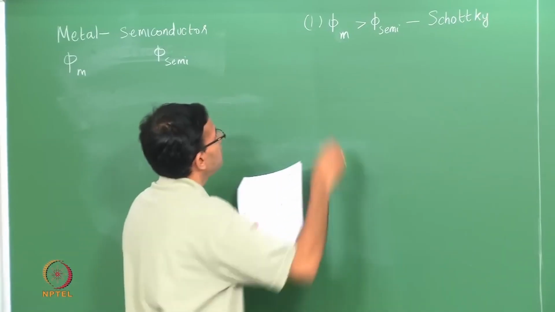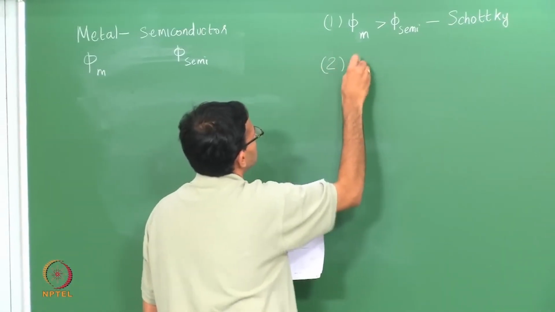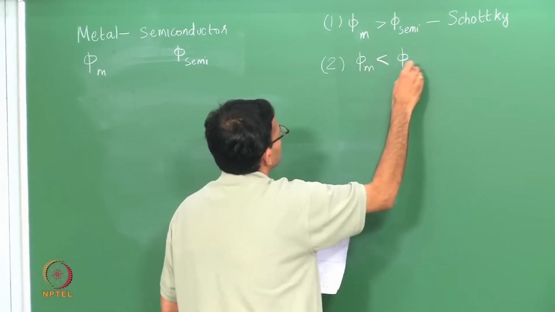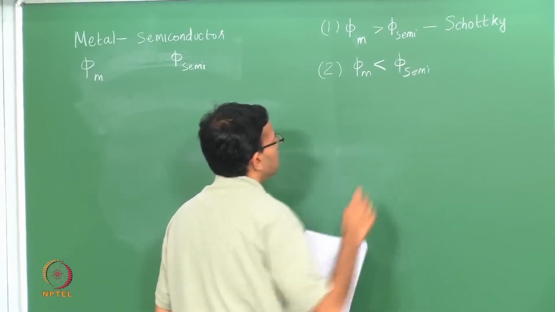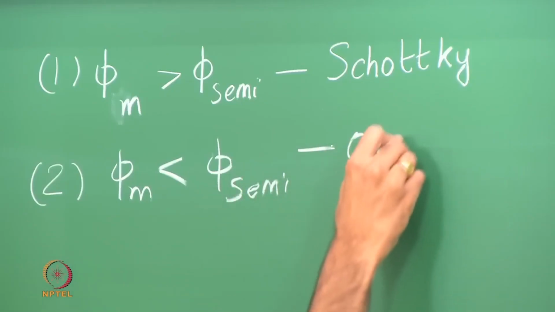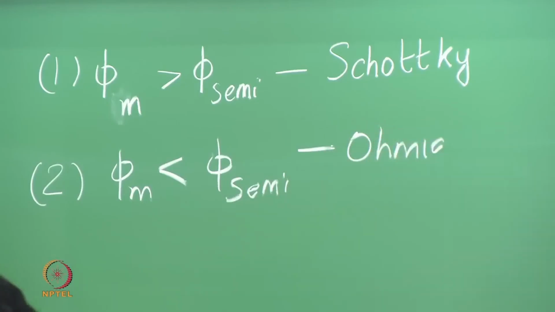On the other hand, you have a situation where phi m is less than the work function of the semiconductor. This is called an ohmic junction. So, we will start by looking at the Schottky junction first.